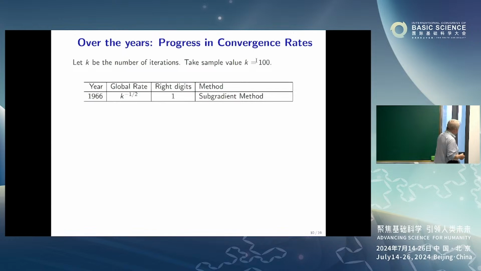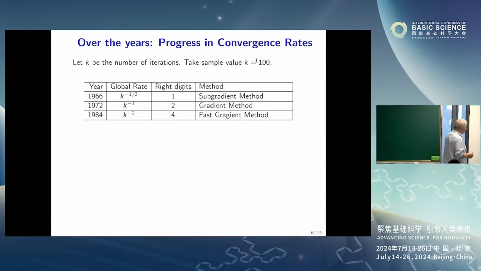Square, one right digit in the answer. After we had the gradient method with this rate, after 100 iterations it is already 84. Fast gradient, 4 digits after 100.